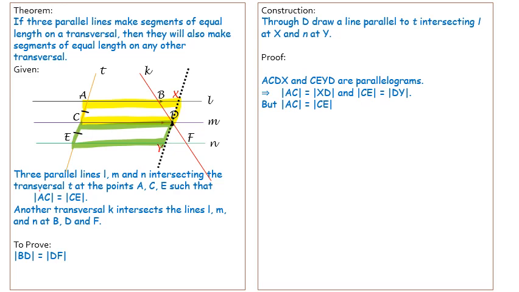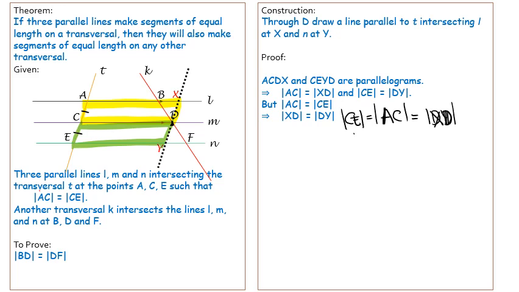Now we know that AC is equal to CE because we were given that, and XD then must be equal to DY. You don't have to take this down, I'm just trying to explain. AC is equal to CE, but AC is also equal to XD.